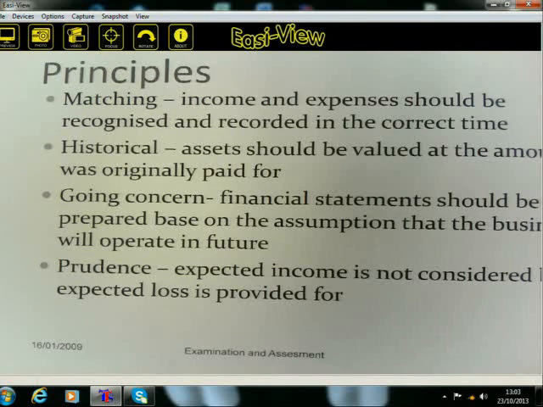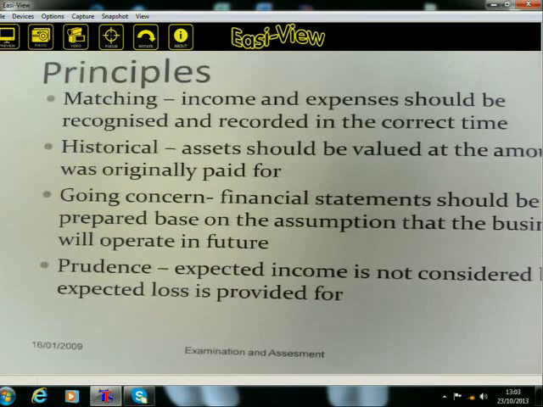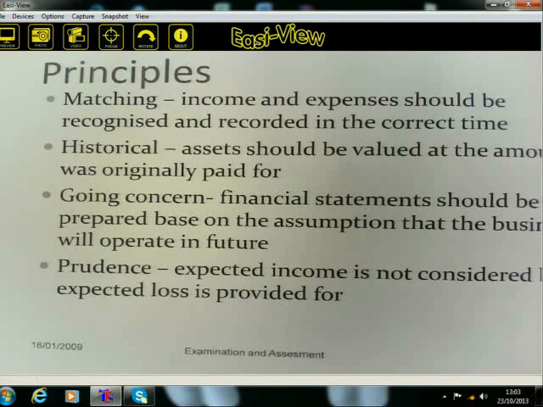Even if we receive the money for the next financial period during this year, it has to be subtracted because of this matching principle. I think this is the one that is most applicable in the income statement as we are preparing that. It is because of the matching principle that we have to do all the adjustments.